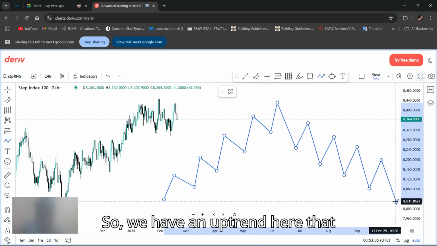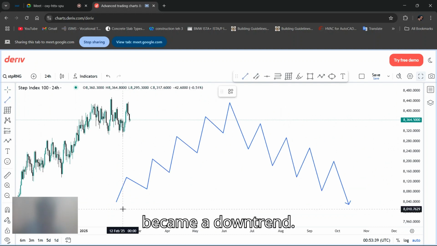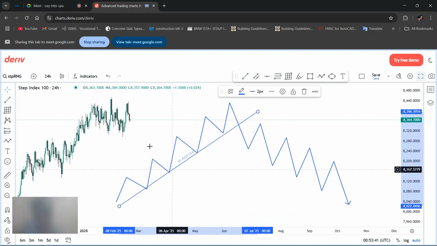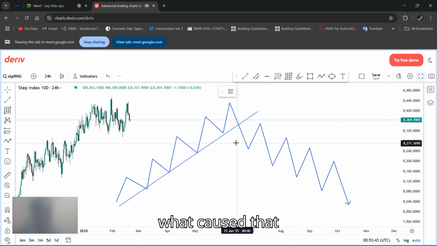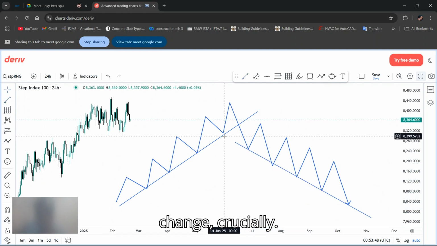So we have an uptrend here that became a downtrend shortly after, and we're going to look at what caused that change, crucially.